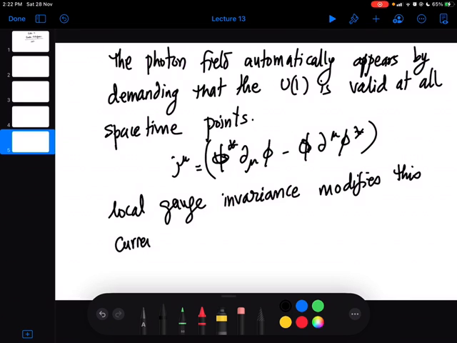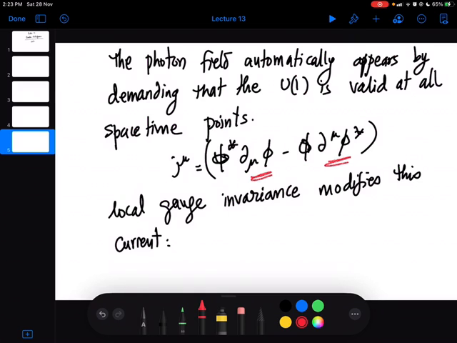For global, this current is valid, but for local gauge invariance it is no longer valid, because we are demanding it should be valid at every space-time point, and because of the derivative terms it is not valid at every space-time point.